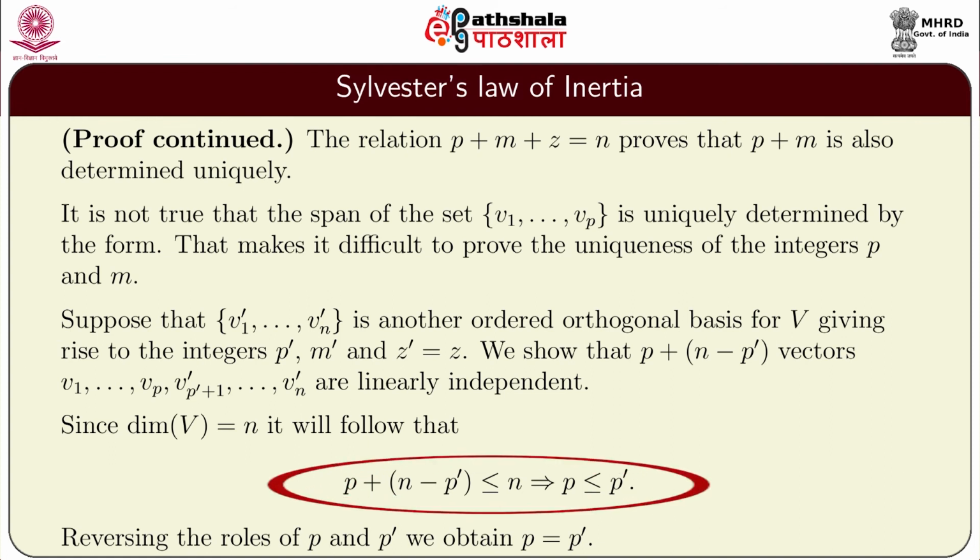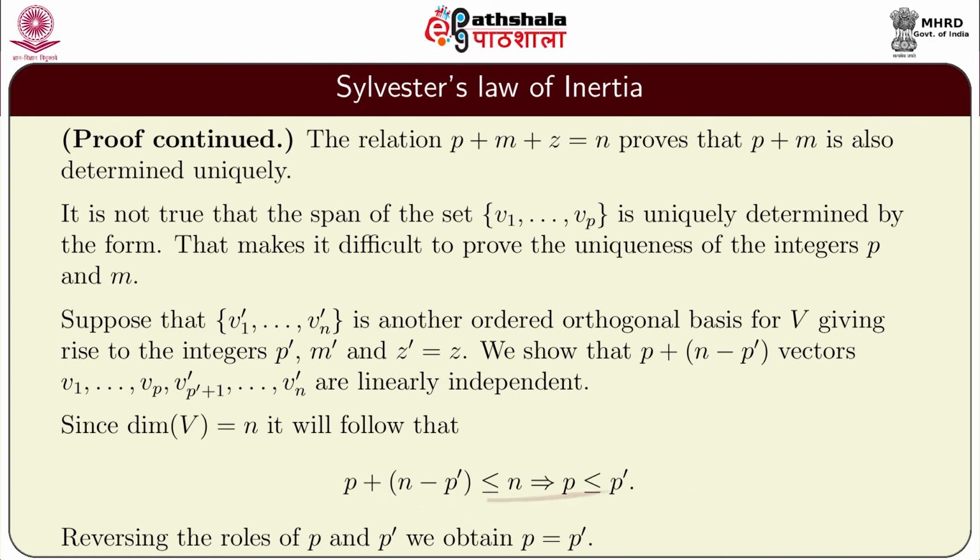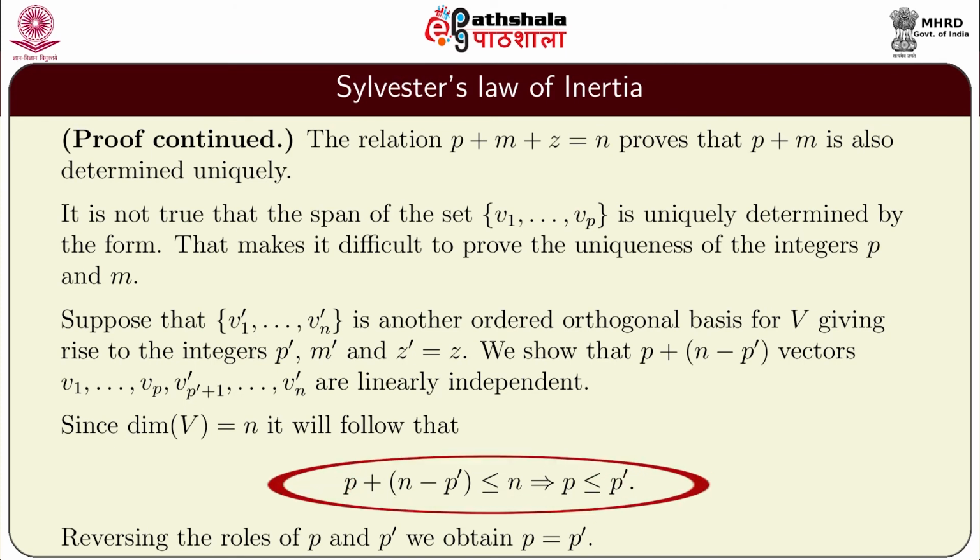We therefore have p plus n minus p dash is less than or equal to n, and that implies p is less than or equal to p dash.